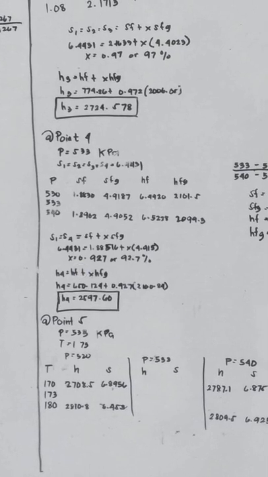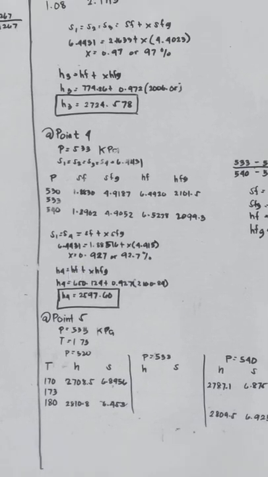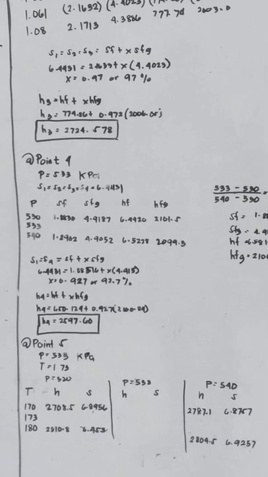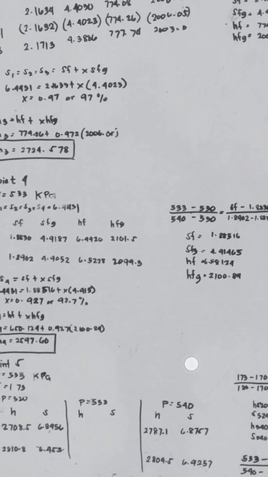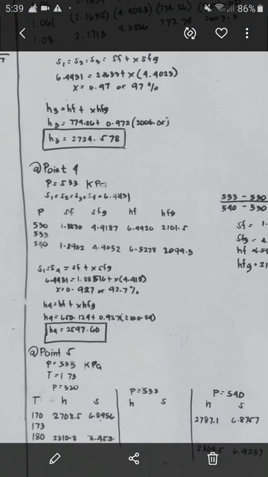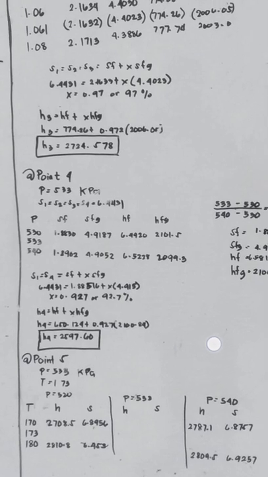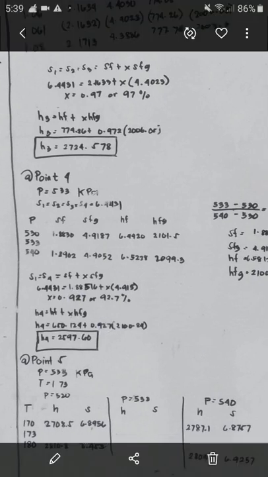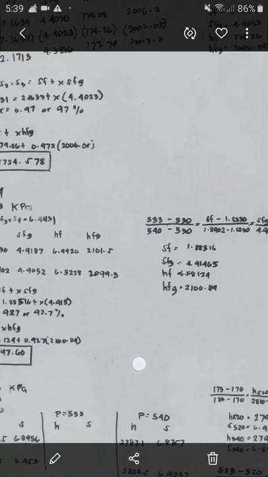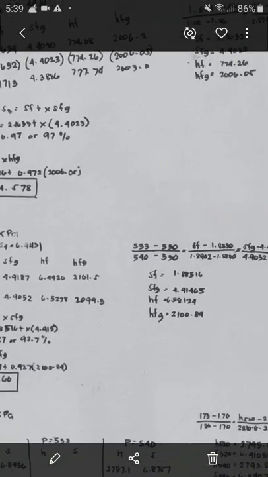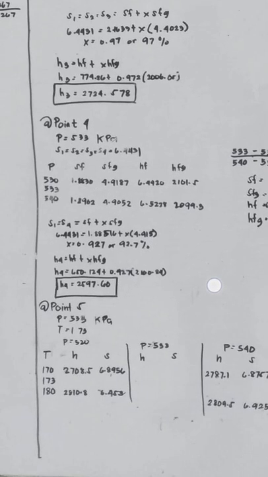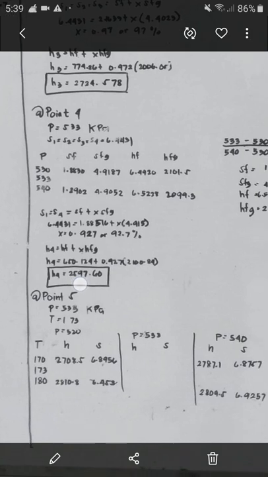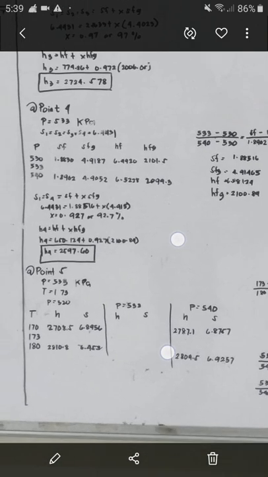Substituting to find the enthalpy, HF plus the x value times HFG, we have the answer of 2597.6.